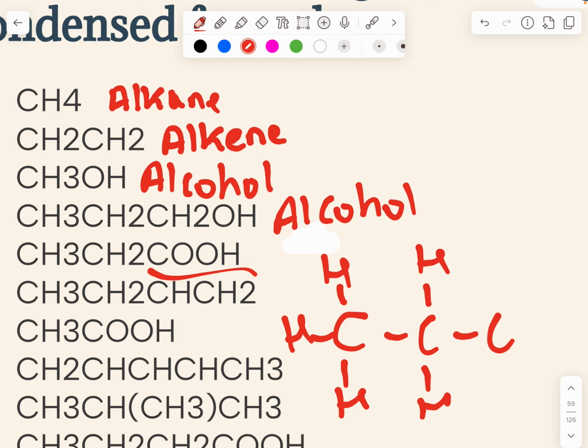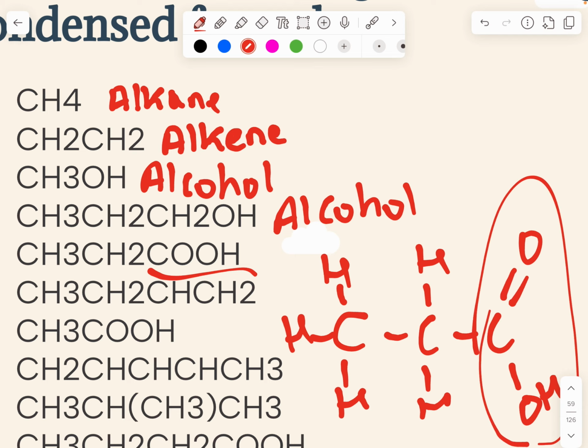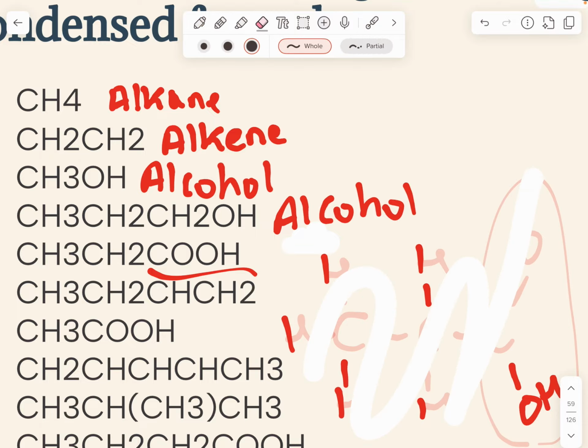Right, so it's going to be C, double bond O, and OH. Nice. I'm trying to draw it so that the hydrogen, nice, that's amazing. But that's COOH. Once you see this right here, that's our carboxylic acid. Alright, so let me just erase this. Number 5 is carboxylic acid.